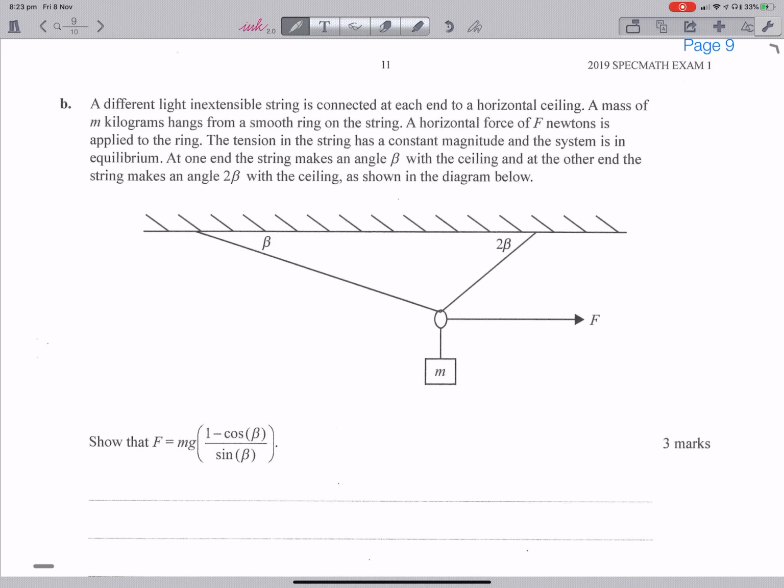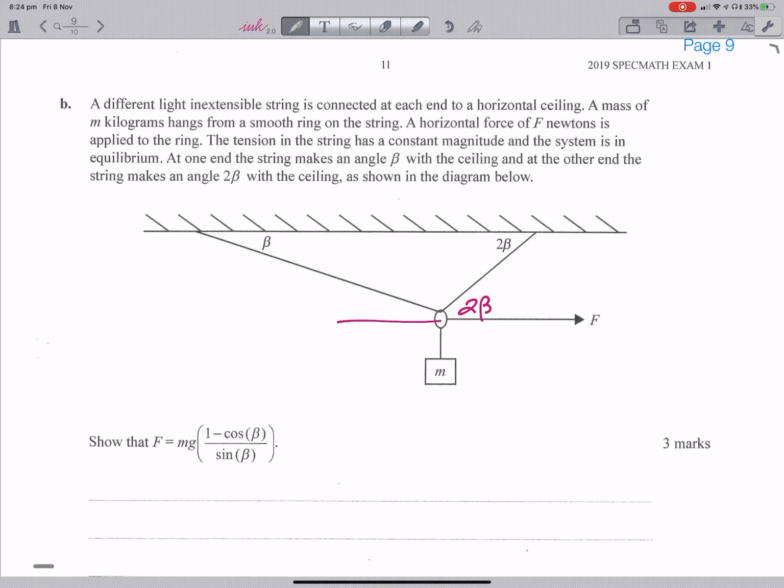Okay, a different light extensible string is connected at each end of the horizontal ceiling. A mass of m kilos hangs from a smooth ring on the string. Horizontal force F newtons is applied to the ring. The tension in the string has a constant magnitude and the system is in equilibrium, and the string makes an angle beta. Okay. So, what have we got?